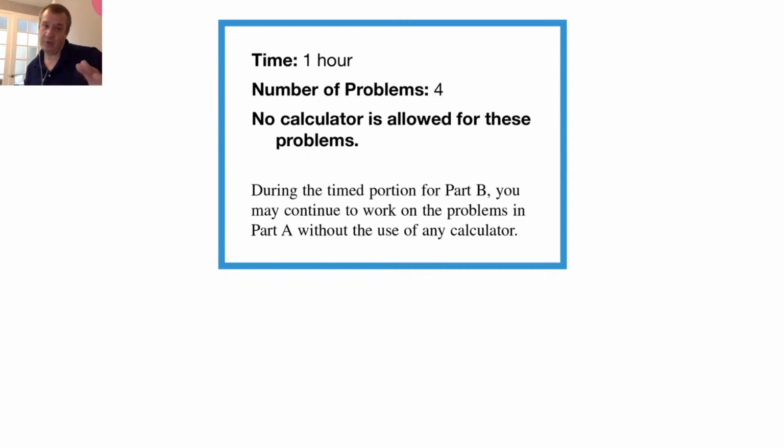You can still work on the first 2 problems, just no calculator. You can't use any of your calculator notation on those first 2 problems. You do have to establish that you're setting it up. Basically, they're going to be directly comparable to the no calculator section, just a little uglier with the numbers and the calculations, since you can type everything in there. They're going to look for the decimals.